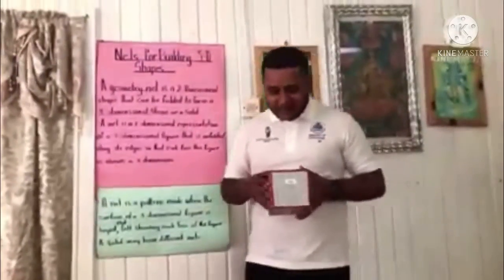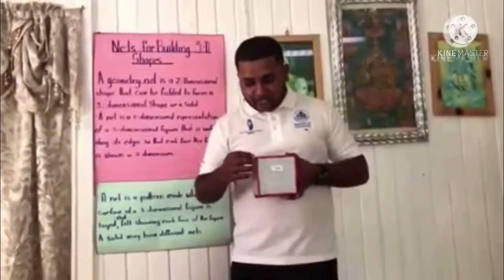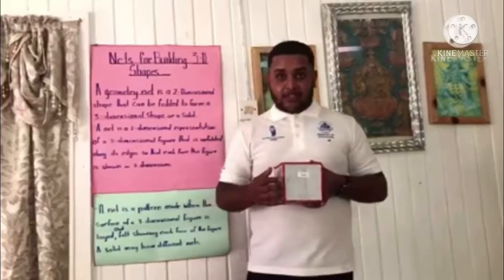Yes, those are the three dimensions. We have length, we have width, and we have height. So what is the name of this solid shape that we're looking at? This is the cube. We could see the faces, we could see the vertices, we could see the edges.